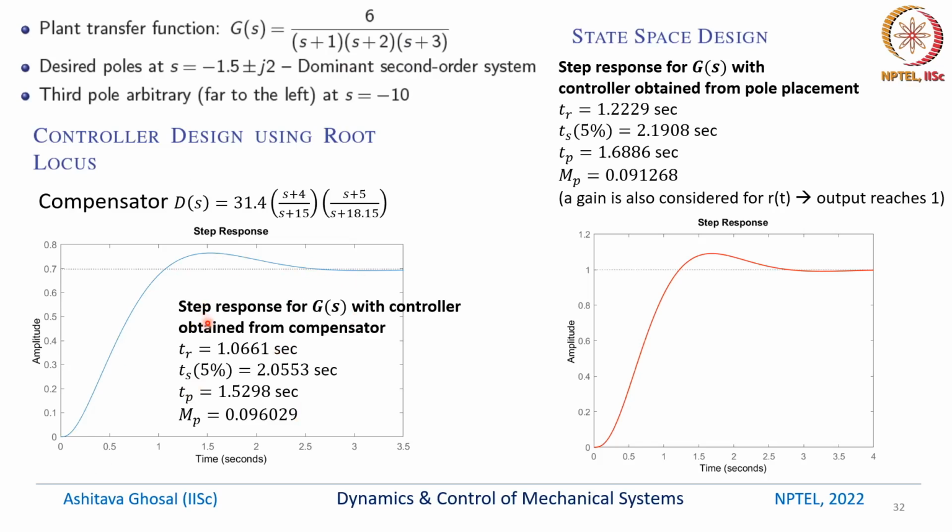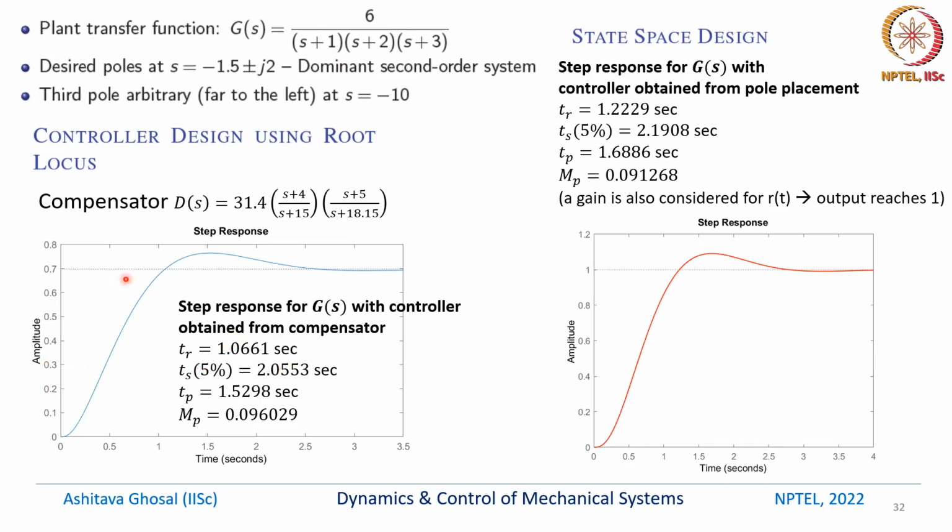So from the step response, and again using MATLAB toolboxes, we can find what is the rise time, what is the settling time, what is the peak time, and what is the peak overshoot. Using state space design, we can also obtain what is the rise time, settling time, time for the peak overshoot, and so on.